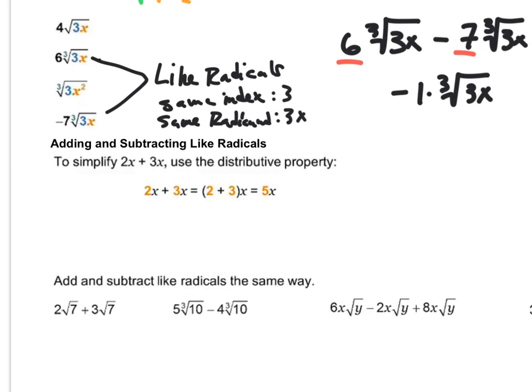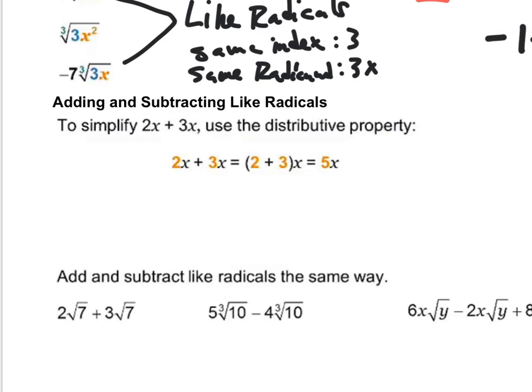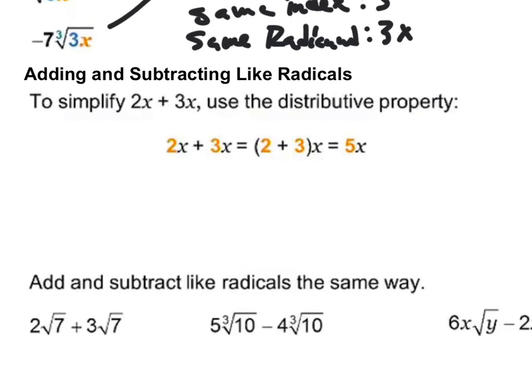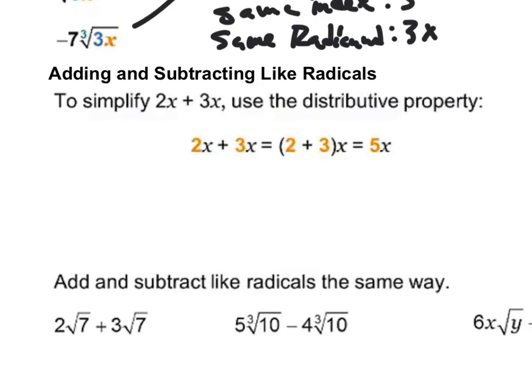One of the things they use is the concept of the distributive property to add these together. If you have a problem that says 2x plus 3x, what I always do is take these numbers, add them together to get 5, and I just keep my x.